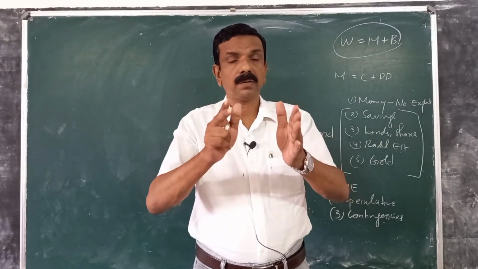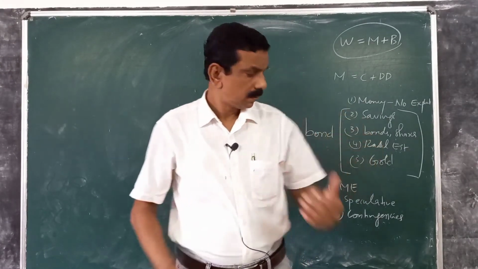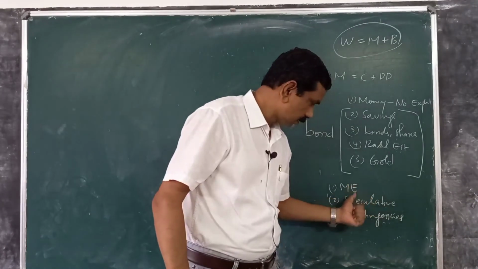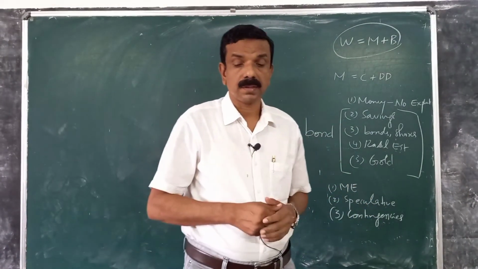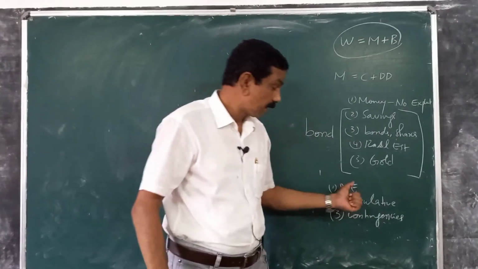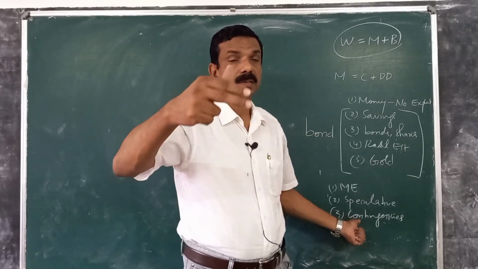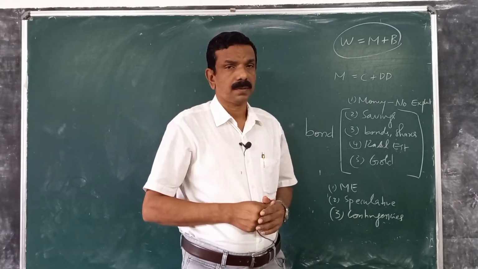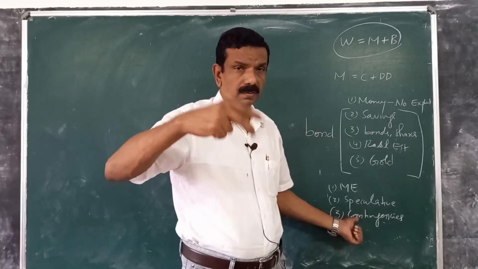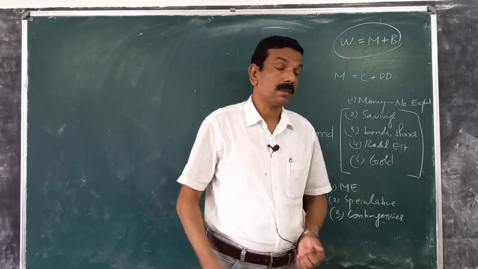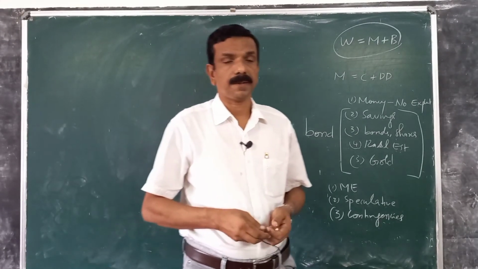Now, the breakdown of money into these three functions is the core of the Keynesian analysis of interest rate determination. So we will discuss these three in detail and explain how interest rate is determined by the supply of money and demand for money.